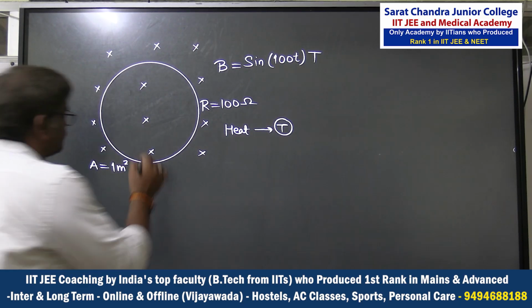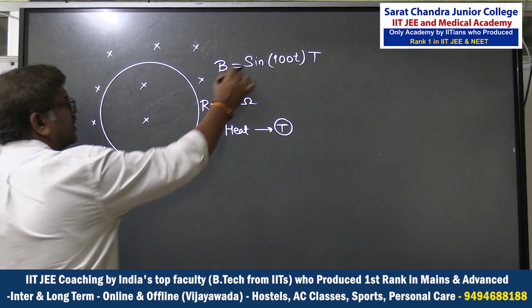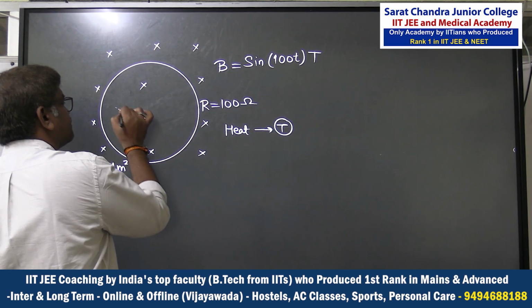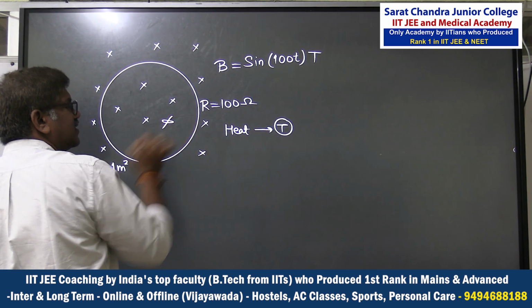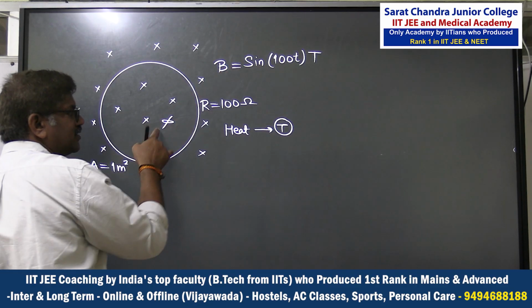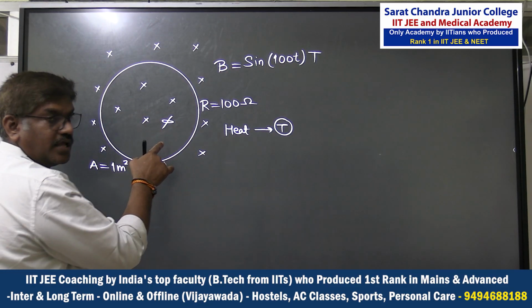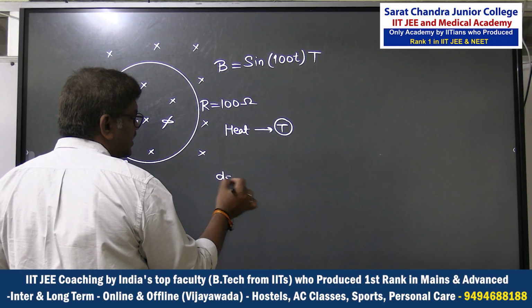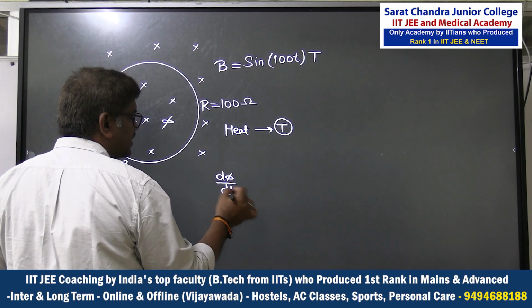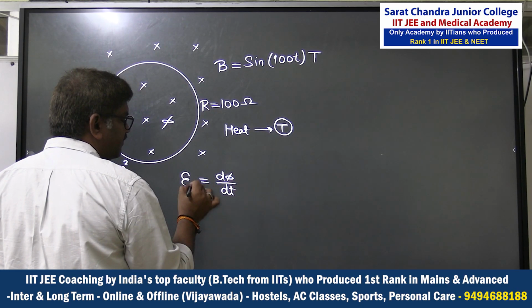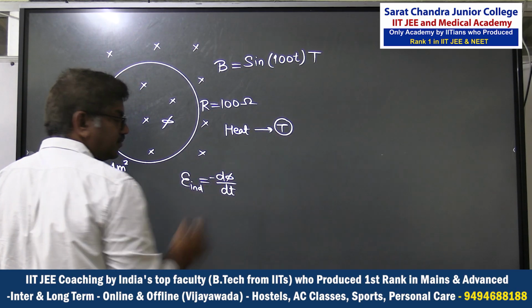For this particular question, this magnetic field will be responsible for associated flux, but since this field is variable, this flux is also variable. And when the variable flux is there, you know that there will be an induced EMF according to Faraday's law.